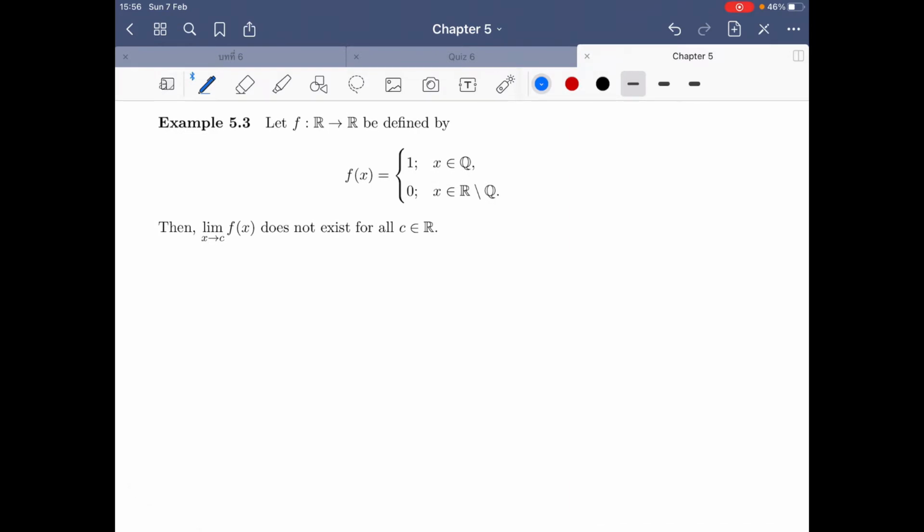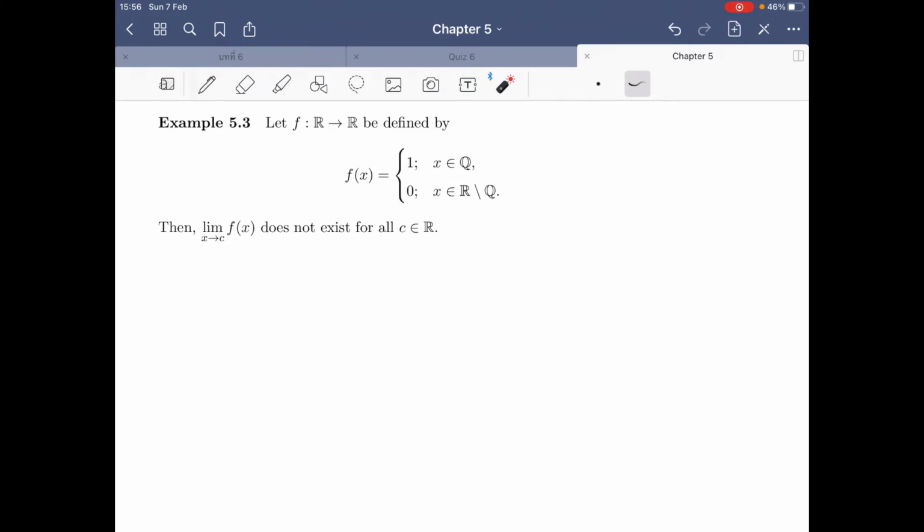For example, we can think of this kind of function. The function f from the real numbers to the real numbers is defined by 1 if x is rational, and 0 if x is irrational.